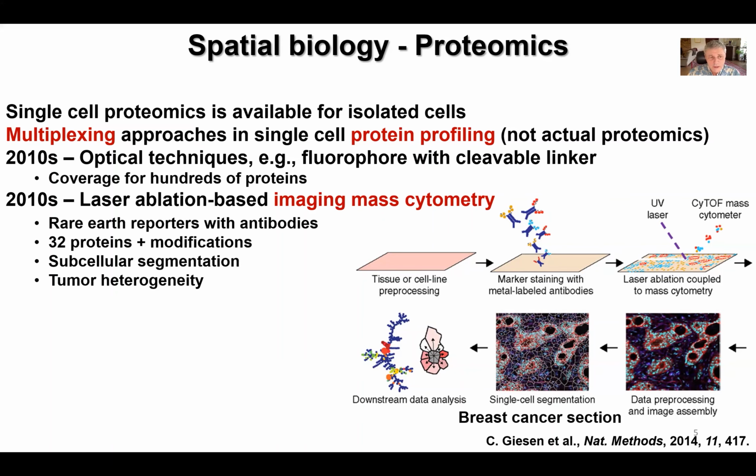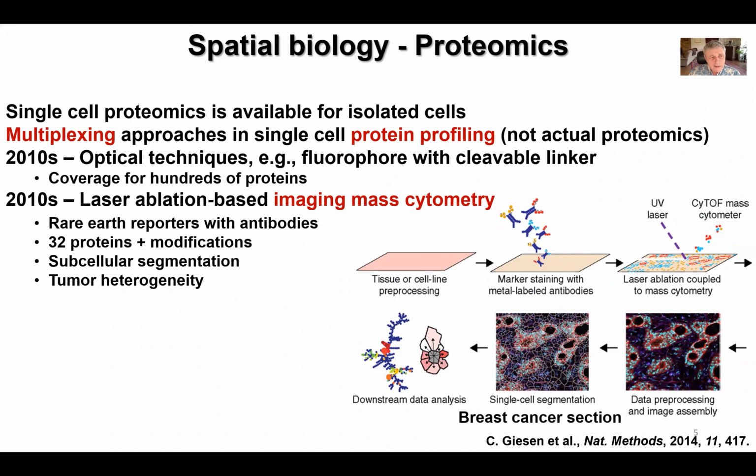So in this case, the optical approach is really with a fluorophore with a cleavable linker, and then you go through several cycles to tag cells with antibodies and the corresponding fluorophores, and then do the imaging and then cleave the linker and move on. So this enables the coverage for hundreds of proteins.